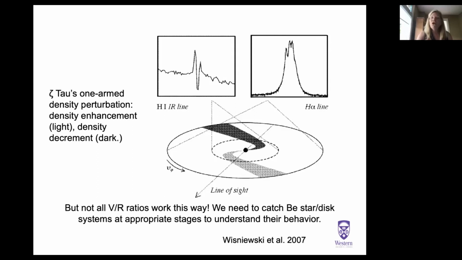But note that one side of the line is stronger in H-alpha compared to the infrared line; they're in opposite sync. And you can imagine if you had some sort of spiral along the observer's line of sight, where that particular line is formed, then you would have this opposite behavior.